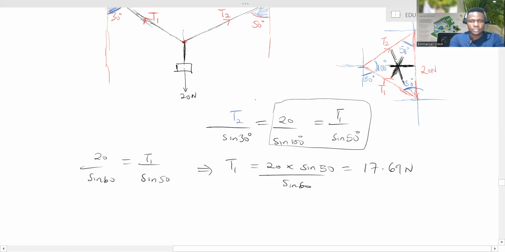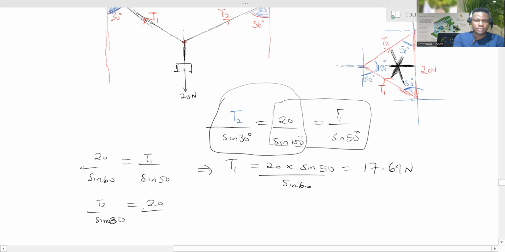I can use these two to get my T2, and that is T2 over sine 30 equals 20 over sine 100. So you can see, making T2 the subject of the formula, 20 times sine 30 over sine 100.